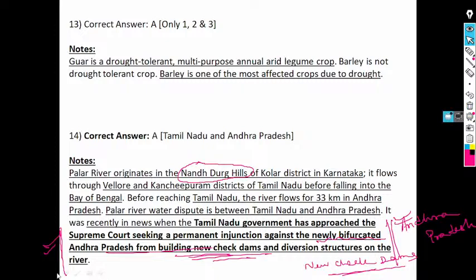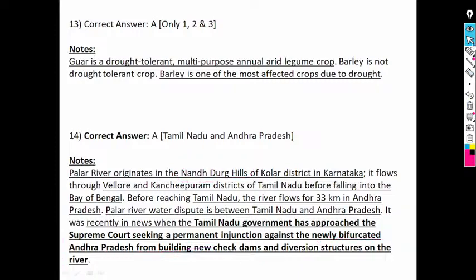That was the reason why the Tamil Nadu government approached the Supreme Court to object to the building of new check dams and diversion structures on the river.